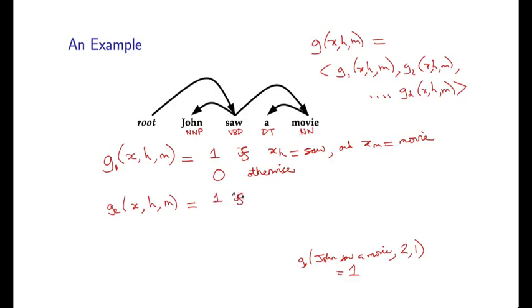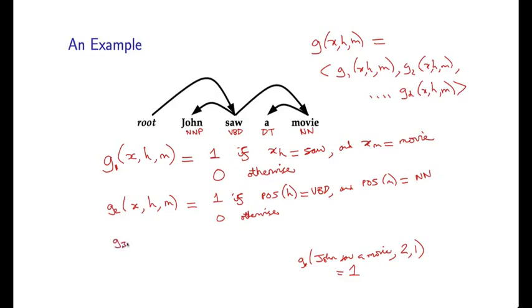So you could say something like 1 if the part of speech tag for h is equal to VBD, and the part of speech tag for m is equal to NN, 0 otherwise. So these kind of features would be introduced for every possible pair of part of speech tags in the underlying part of speech tag set. And these kind of features are very useful because certain part of speech tags are much more likely to be seen in dependency relationships than other ones.